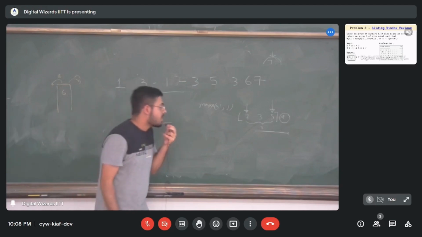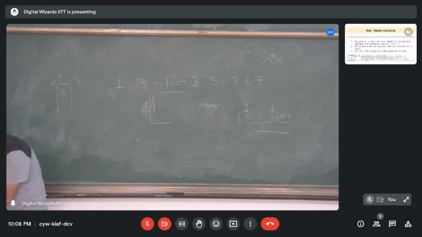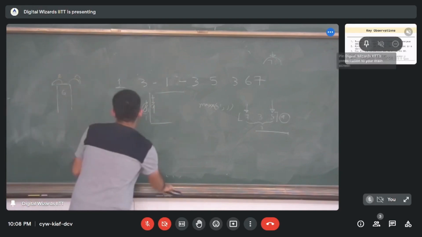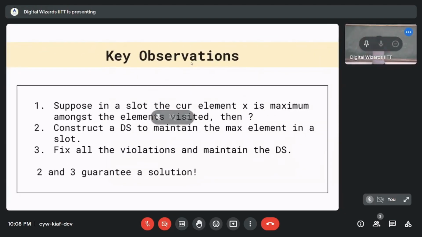Okay, let me go to some observations. I'll directly jump to the approach behind this algorithm. This viewpoint is from a design perspective, but I want you to focus mainly on the pattern here.